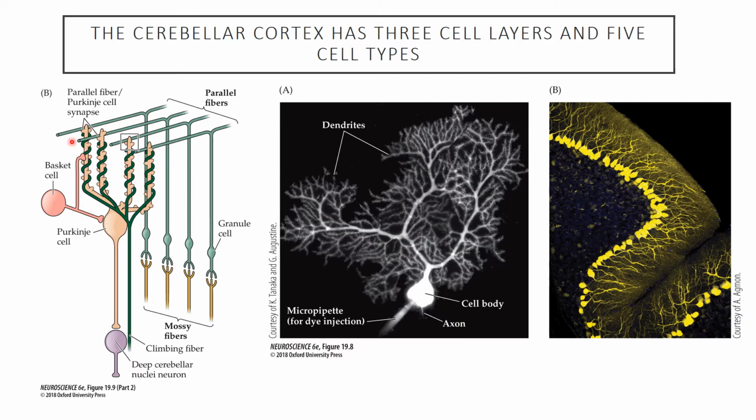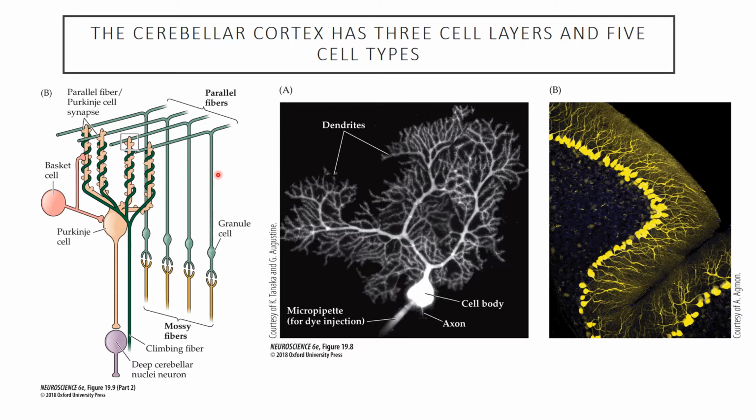So then the Purkinje cell has this integration of input that it's getting through the granule cells, through those parallel fibers, as well as these climbing fibers. And then the Purkinje cell, like I said, is modulated by the activity of the basket cells, but it's the output of the cerebellar cortex.